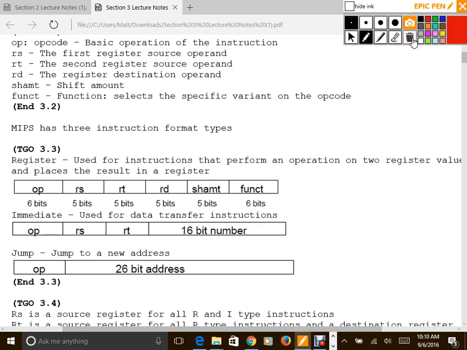So here's a question. If this was a 16-bit number, I could have F equals A minus 6, right? So if I knew that, what could I do for the 16-bit number there? To reduce the complexity.